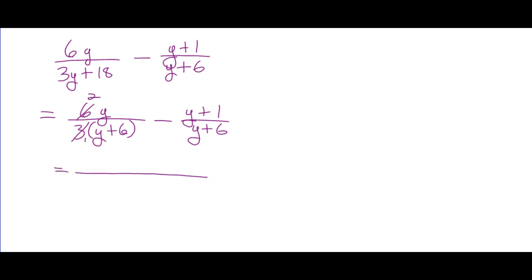And oh, okay, now, wait a sec. Let's state our restriction. Okay, from the factored form, before I do any canceling, state your restriction, which is y can't be negative 6. 3 goes into 6, so I've got 2y here, plus y plus 1 over y plus 6, right? Having gotten rid of this 3, they now have a common denominator, right?